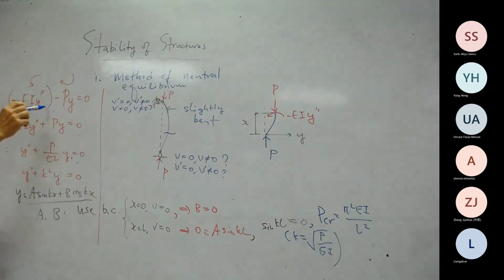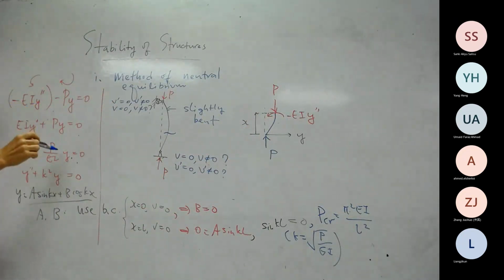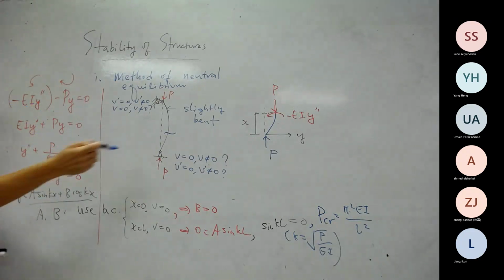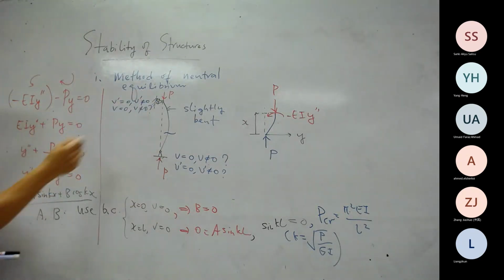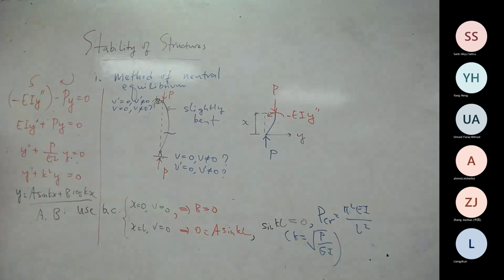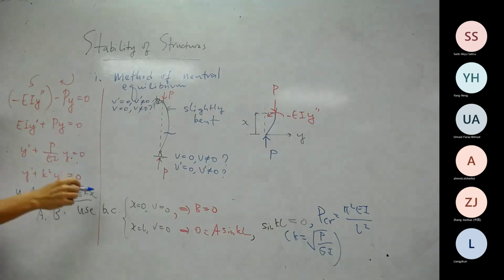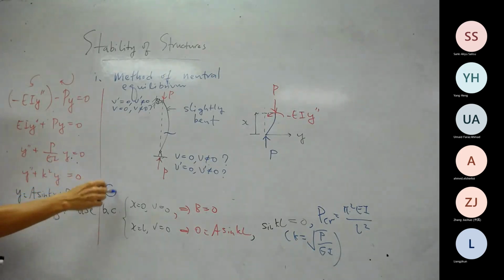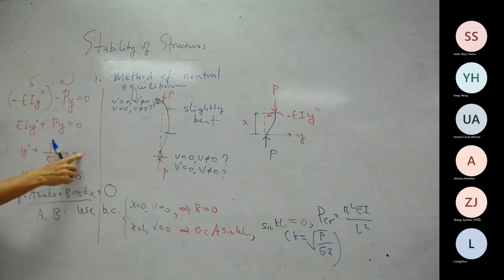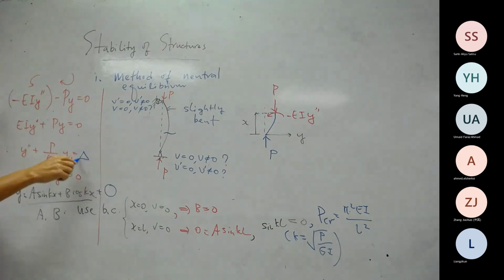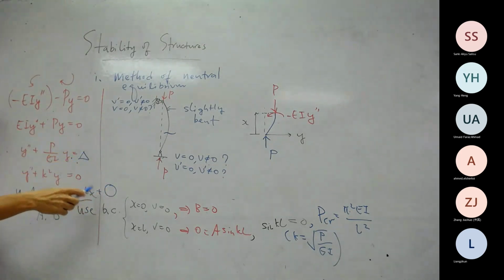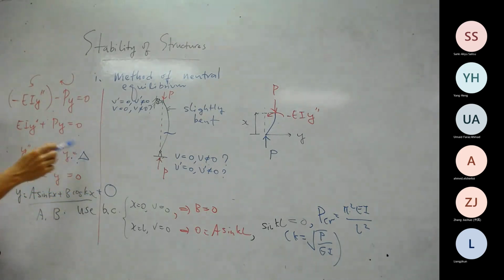Depending on the end conditions, you will get this right-hand side to be non-zero. When it is non-zero, you have to add some particular solutions depending on the form here.